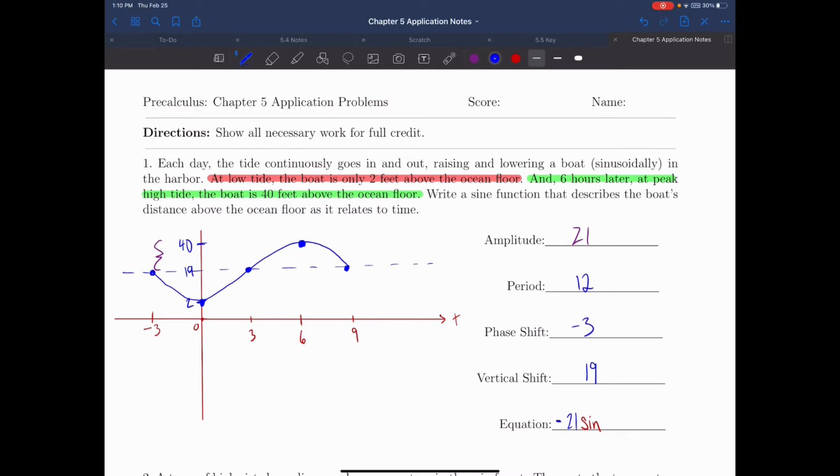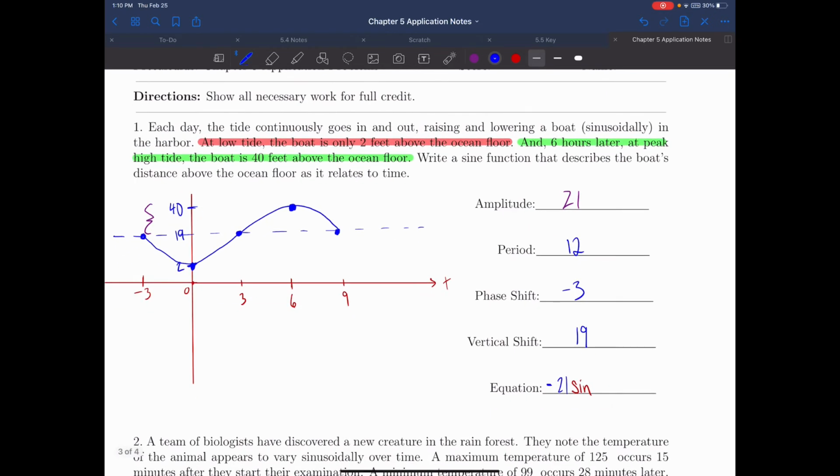The only thing I have to do is figure out the omega value. Omega is going to be the period equal to 2 pi over omega, so omega is 2 pi over 12, or pi over 6. So this will be negative 21 sine of pi over 6 times parentheses x plus 3, plus 19. That would be my function for that.